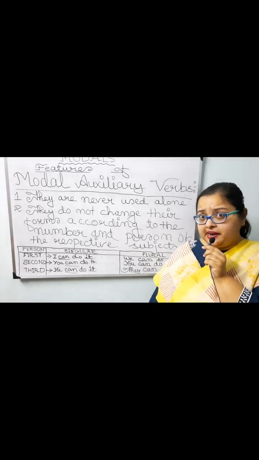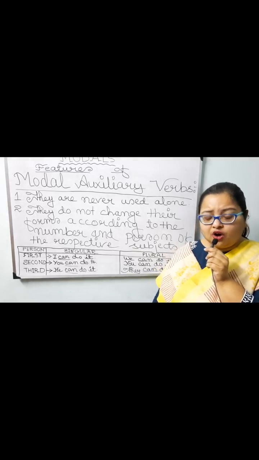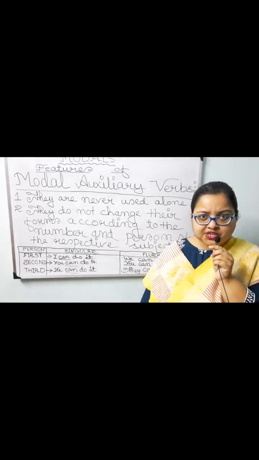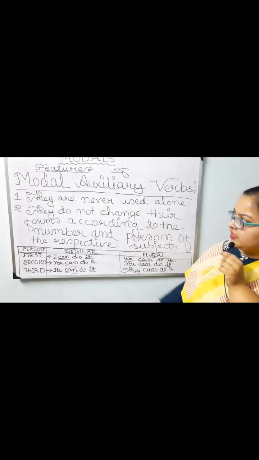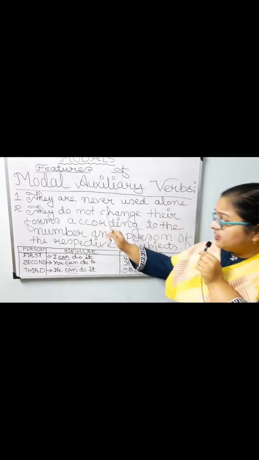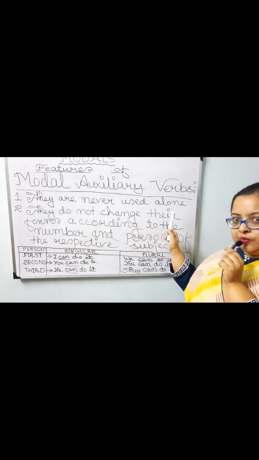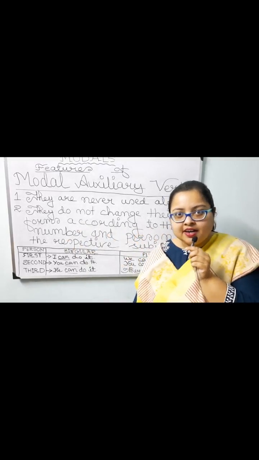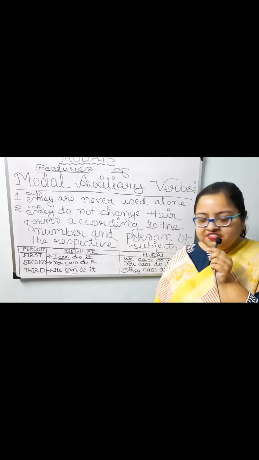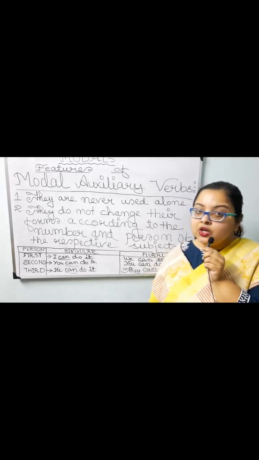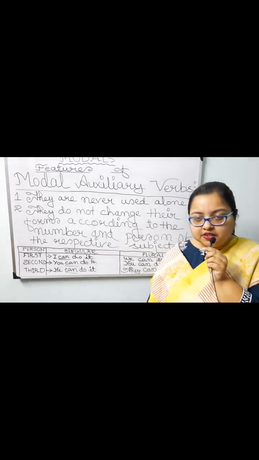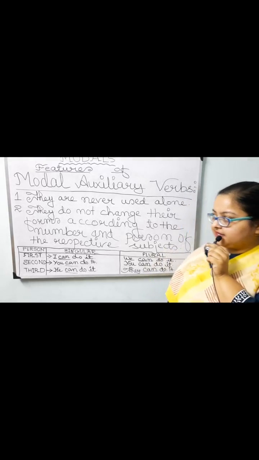Next, look at the features of modal auxiliary verbs. Number 1, they are never used alone. Since they are helping verbs, they would definitely never be used alone as such.